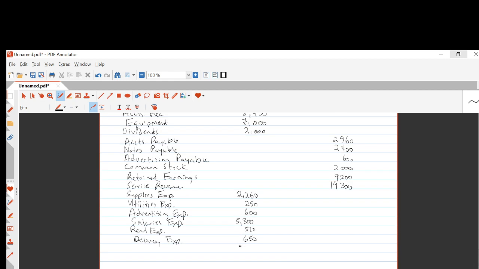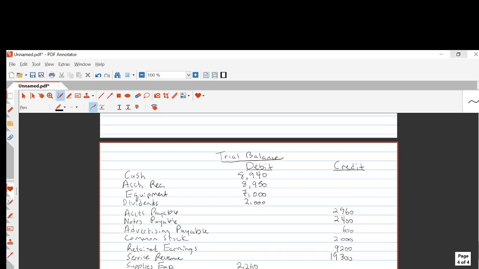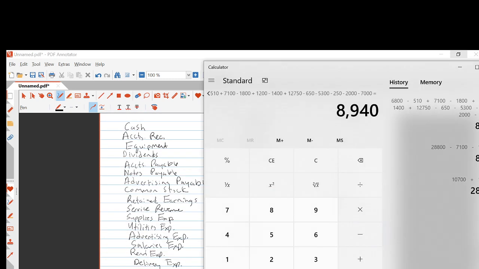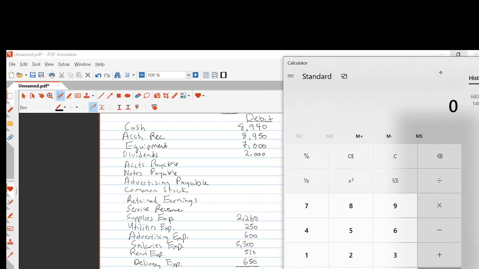And now we can ensure that our total debits equal our total credits. So if we take a calculator and add up all the debits and get the answer, then clear that and do the same thing for the credits, we should get the same answer.